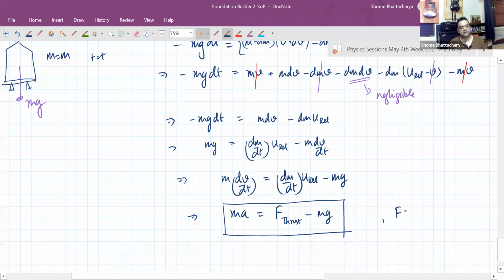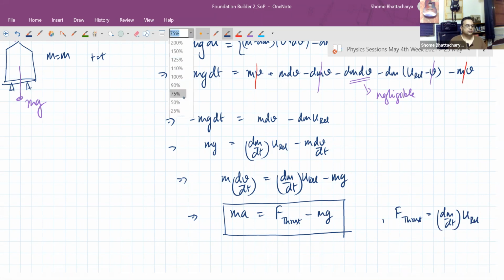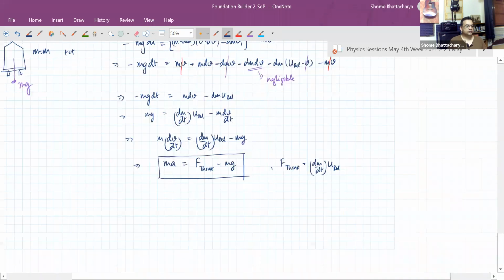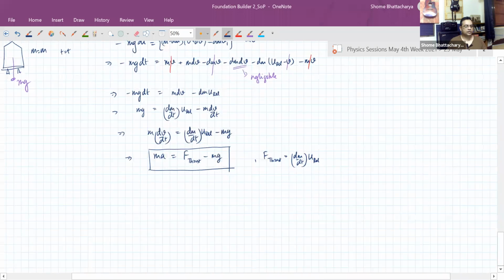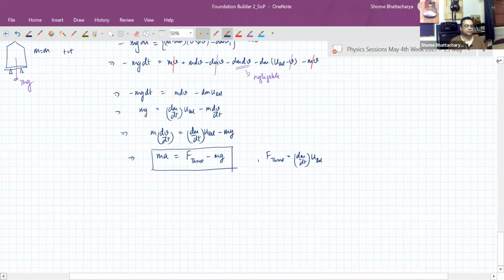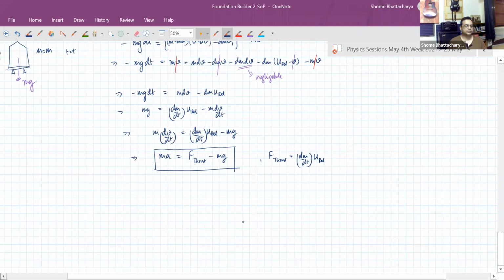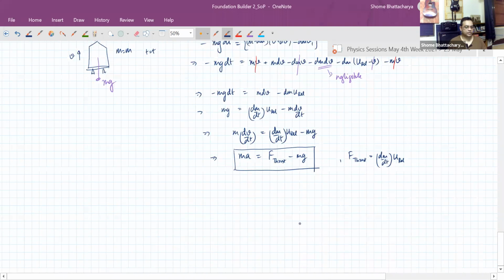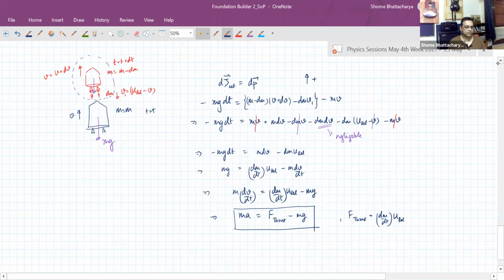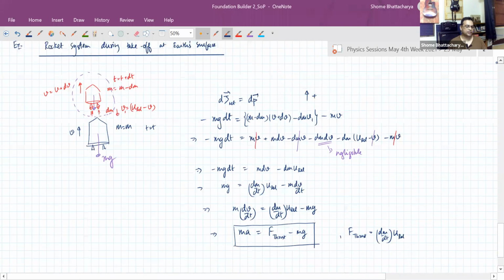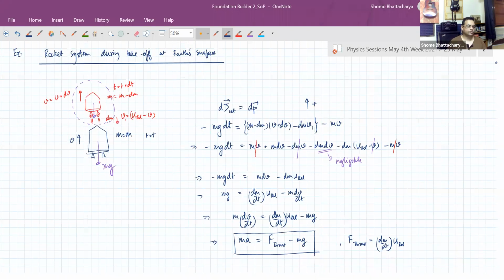Okay, where we understand that F thrust is equal to the burn rate dm by dt into the relative speed with which this is going. So this becomes a variation of the rocket propulsion system that we had seen in outer space. In outer space, that mg term was missing. So it was just F thrust is equal to m into dv by dt. But now there is also that minus mg, because the thrust is acting against gravity in the opposite direction to give it lift off.